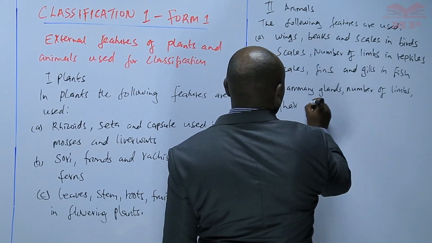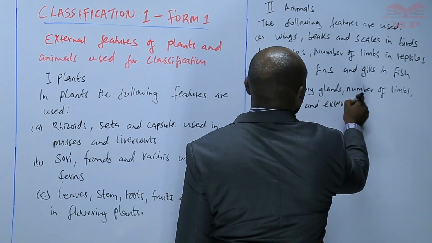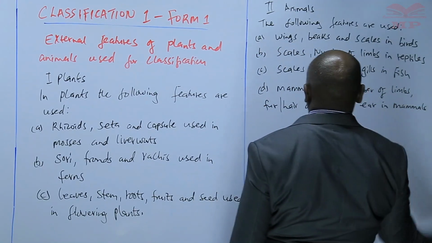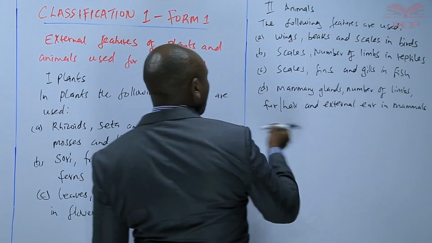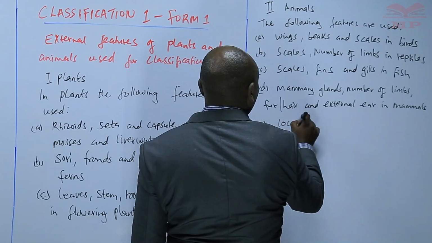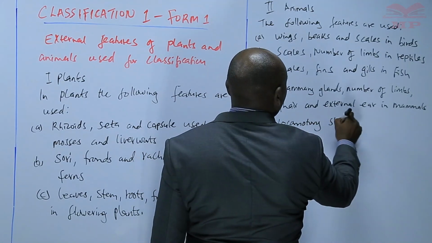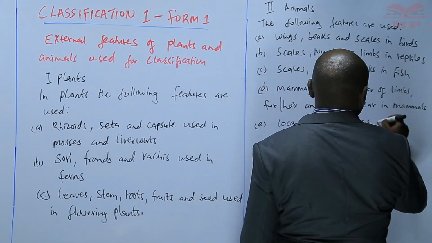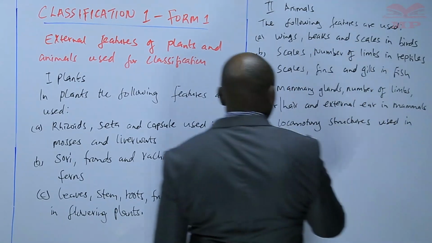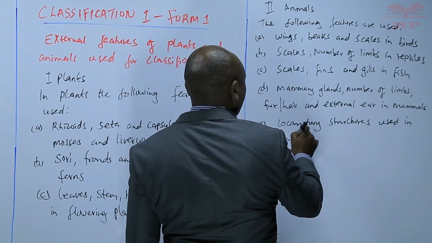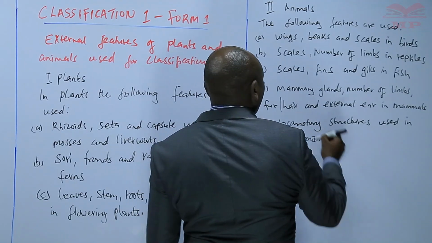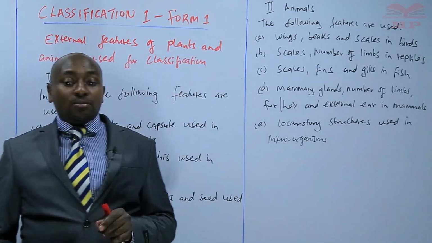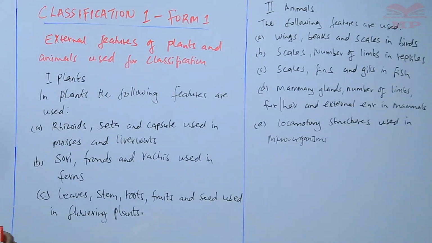We even use an external ear in mammals. Some animals we use locomotory structures. These ones are mainly used in microorganisms, the microscopic organisms. Which structures do they have for locomotion? So basically, those are some of the structures that we use when you are studying classification.